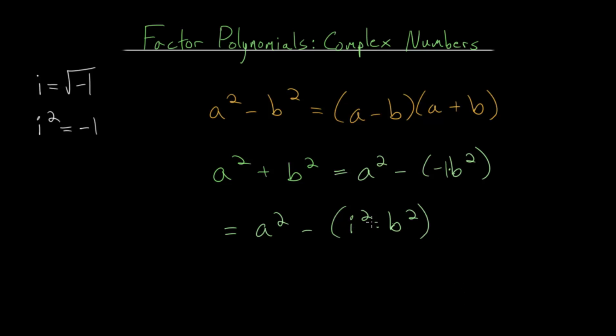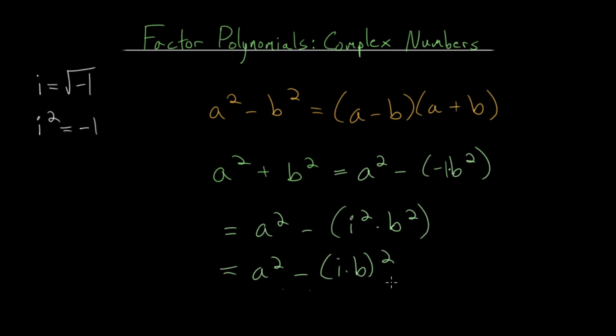And since we have a product and they're both squared, we can rewrite this as a squared minus ib, quantity squared. And you can verify that this is true by multiplying ib times ib, multiplying it by itself, and you will get back i squared times b squared.